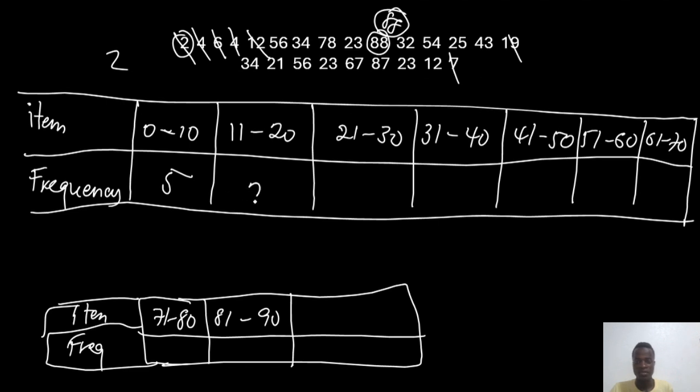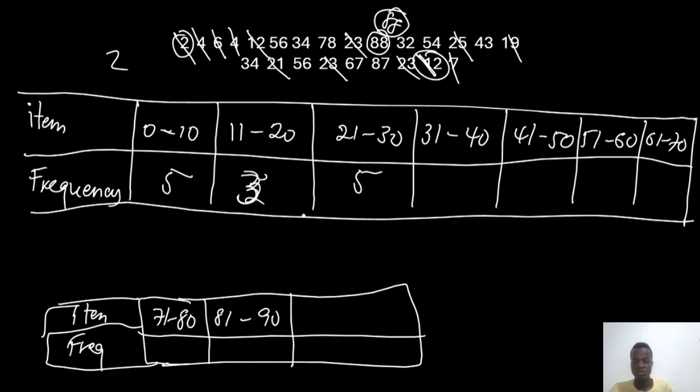I get 2 items. Then 21 to 30. So I have 1, 2, 3, 4, 5. I guess we missed this 12. That 12 was supposed to be here. So it's going to be 3 items.